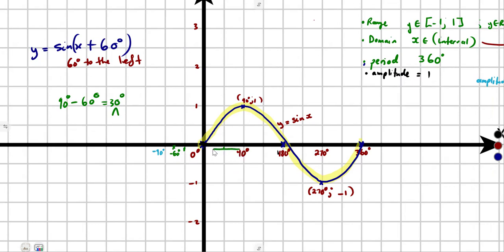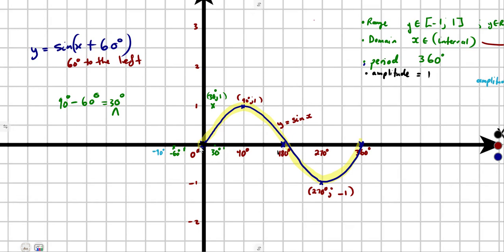We now look at the 90 degrees as 30 degrees, meaning its properties will be the same. 90 degrees versus 1 is going to be 30 degrees versus 1. Here, this will be your maximum turning point, 30 degrees versus 1.